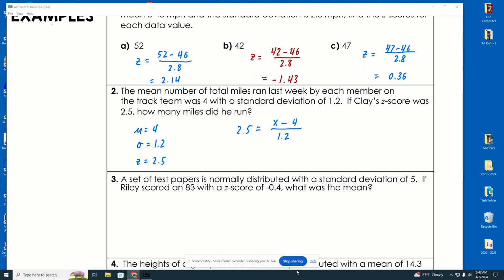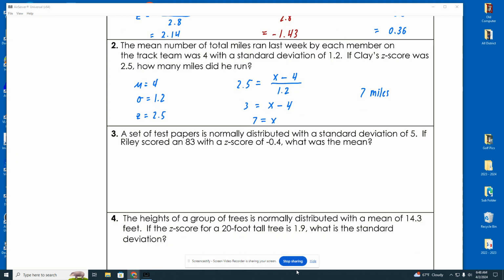You're just filling in all the different blanks except for x, which is actually how many miles Clay ran. So I'm going to solve this problem. We do so by multiplying by 1.2. So if you calculate 2.5 times 1.2, you get 3. And that equals x minus 4. And then to solve for x, you're going to add 4. So x equals 7. So Clay ran 7 miles. Pretty simple, right?